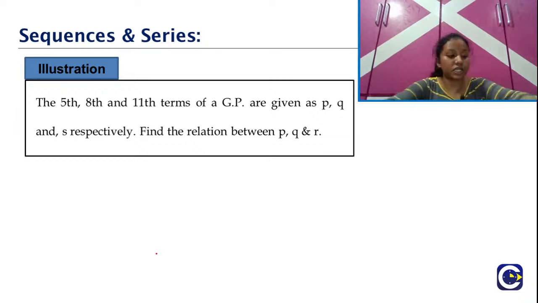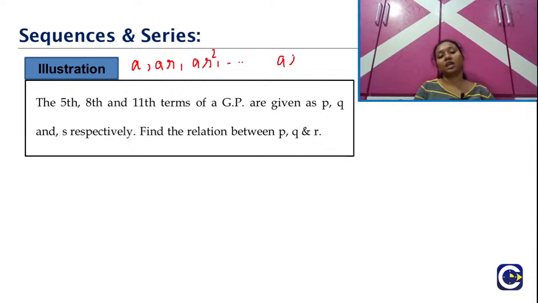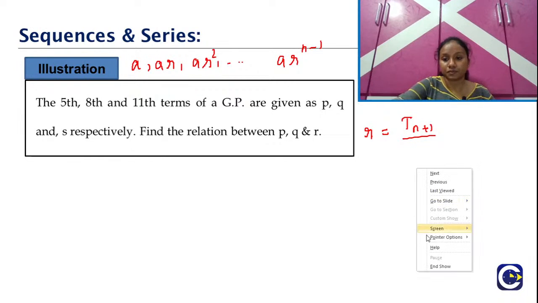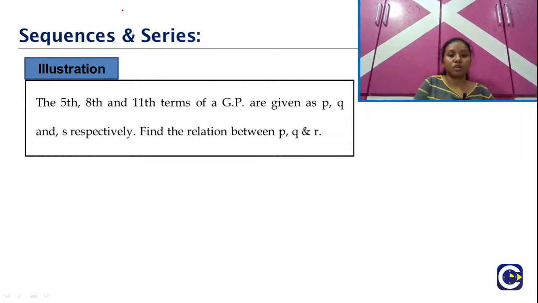So let's do a question related to the terms involved in the geometric progression. For this, it will be enough if you are familiar with the standard geometric progression, that is A, AR, AR square and so on, A into R power n minus 1. How are we trying to predict R here? This is our GP: A, AR, AR square and so on, AR power n minus 1.